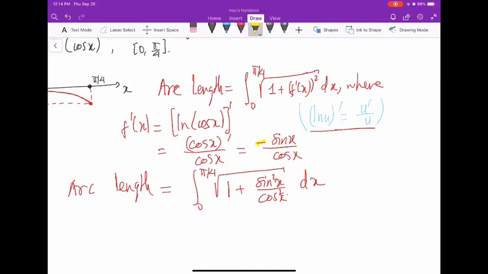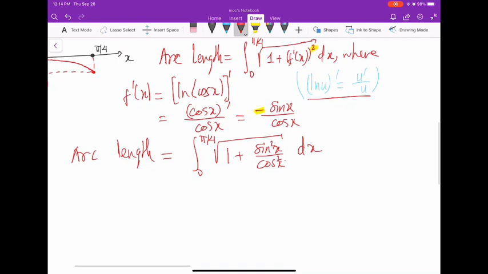But when you apply the square, the square of a negative is just positive. So that's why I don't write the negative in here. And what is sine square over cosine square? That is just tangent square, right? So we have the integral from 0 to pi over 4 of square root of 1 plus tangent square of x dx. And if we remember, what is 1 plus tangent square?